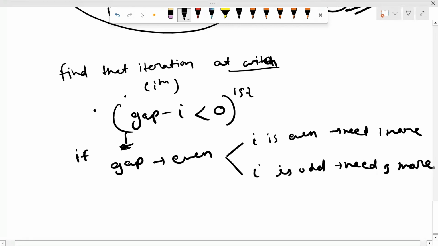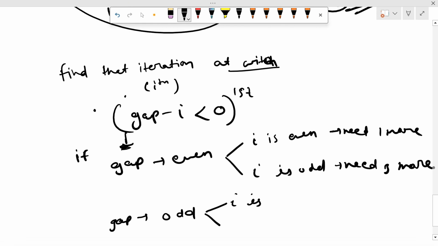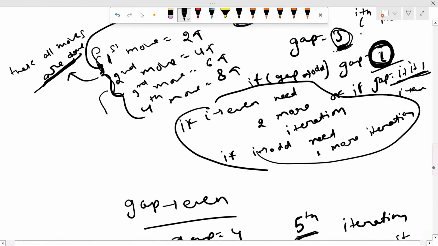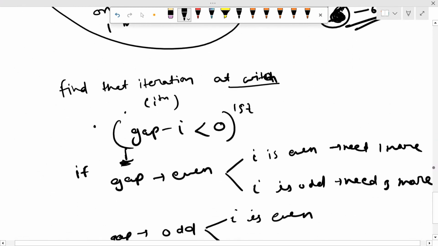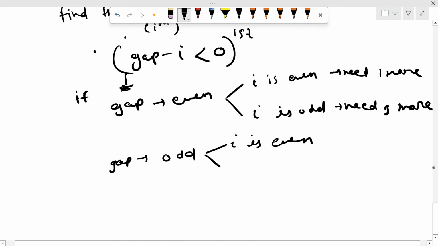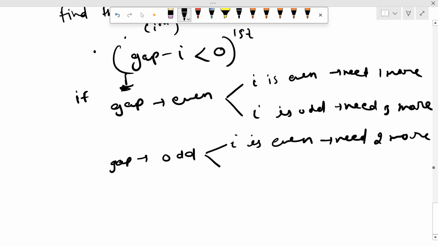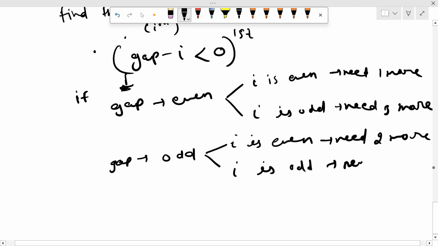Okay, and if our gap is odd, then if i is even, we need two more iterations, and if i is odd, we need one.